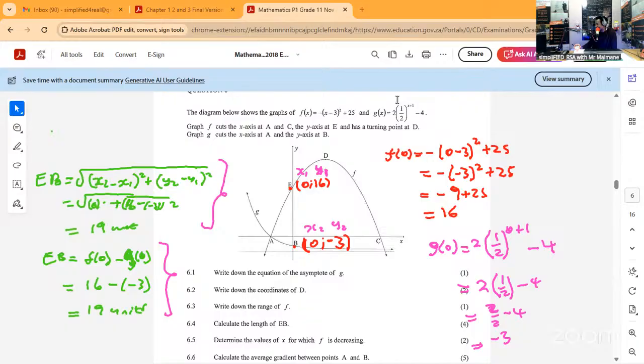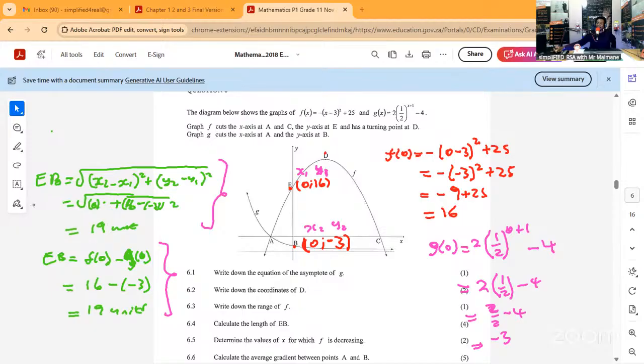What is the motivation for your guess? I just looked at the turning point. Yeah, but in terms of the turning point.